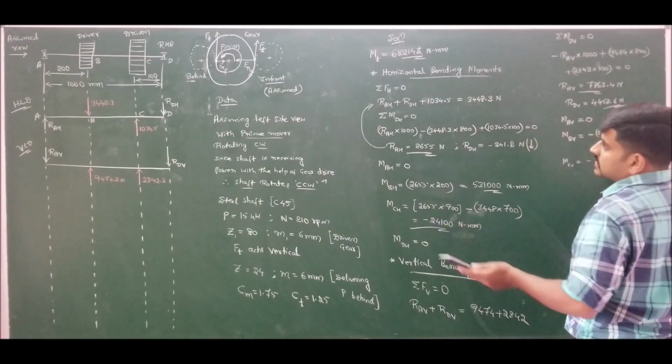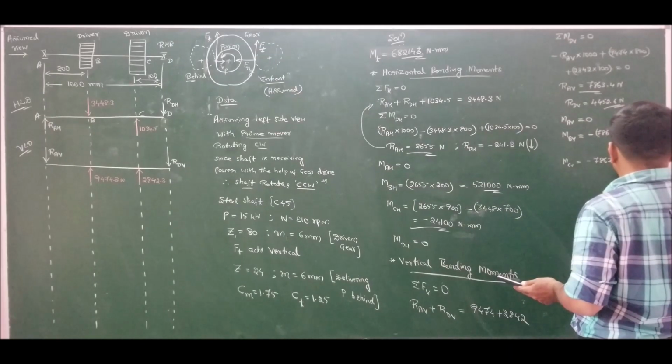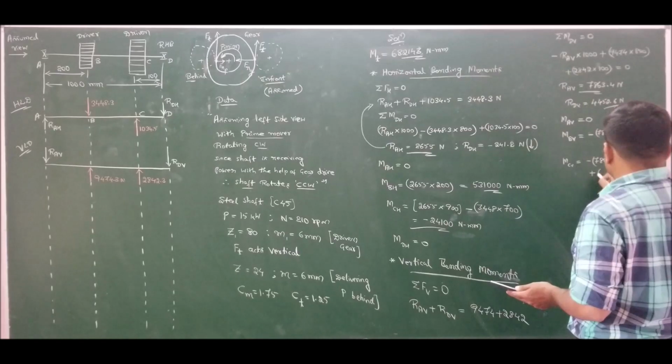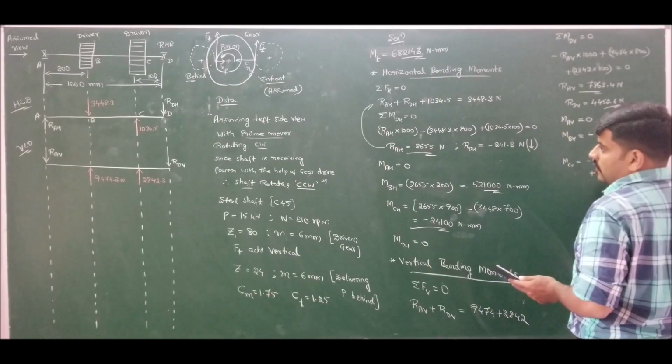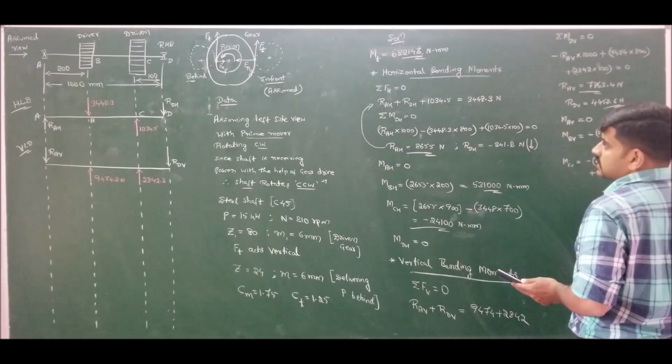Moment about C vertical will be minus 7863 into distance is 900 from point C to A plus clockwise moment 9474 into distance is 700.